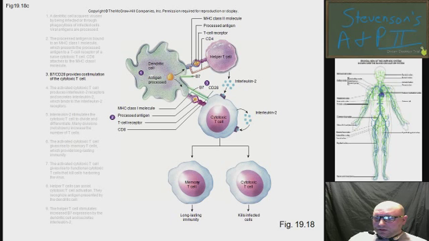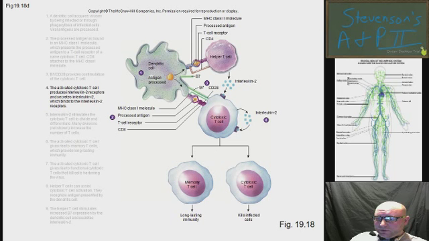The B7 and the CD28 provide co-stimulation of the cytotoxic T cell. Activated cytotoxic T cells produce interleukin-2 receptors, and it secretes interleukin-2.